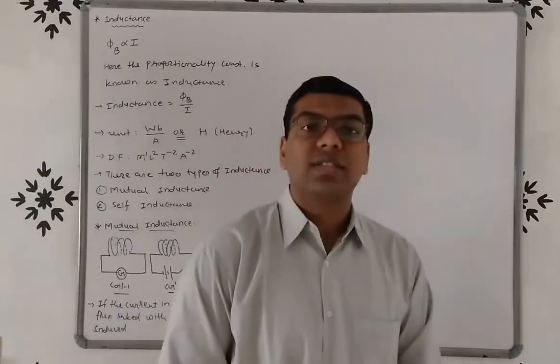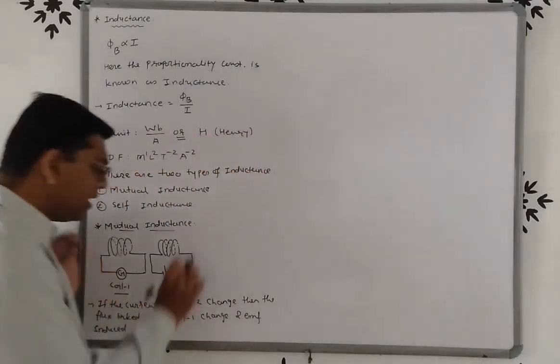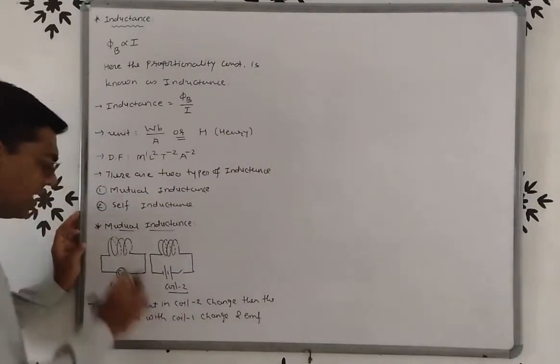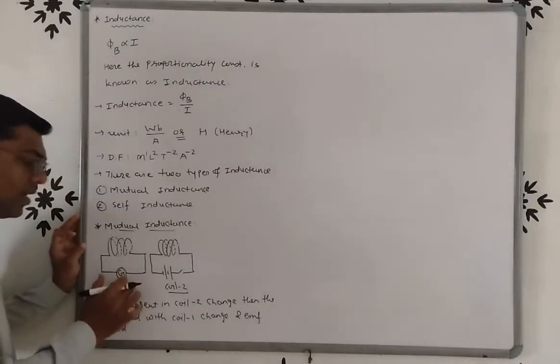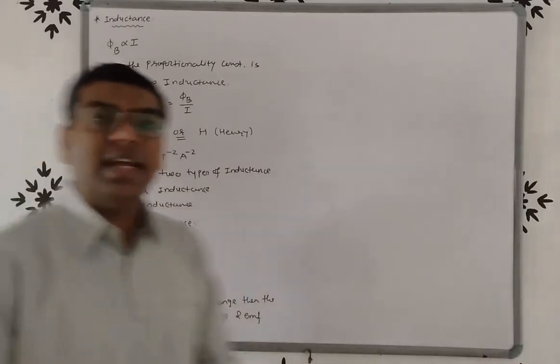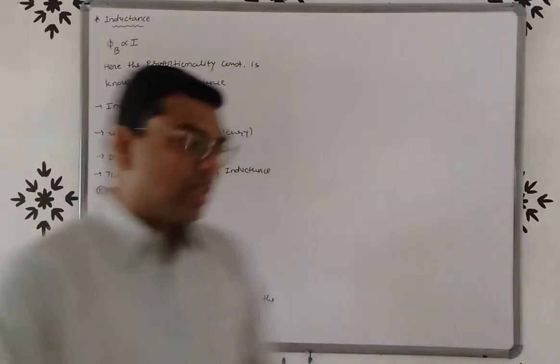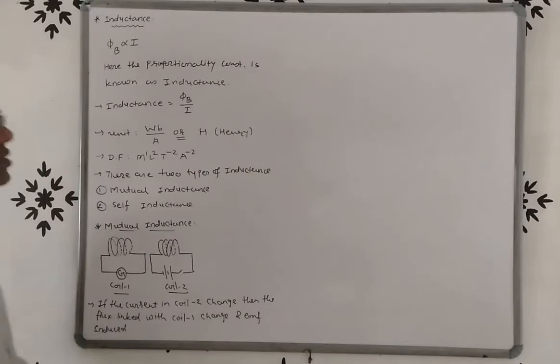We know this concept. If the current in coil 2 changes, then the flux linked with coil 1 also changes and EMF is induced, right? We already know this concept.